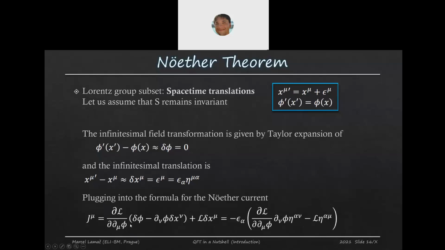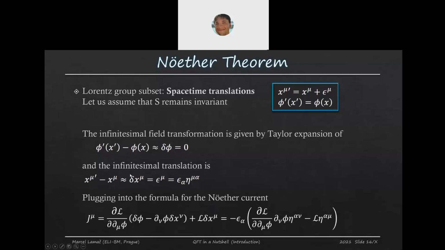We will calculate that. Then we have to subtract from it the four-gradient of the field and the infinitesimal transformation of the coordinates, and we have to add the Lagrangian and the infinitesimal transformation of the coordinates. To see how this form of the Noether current is derived, you can have a look at the classical field theory supplementary material that I sent you, and there you can see the whole derivation of the Noether theorem.